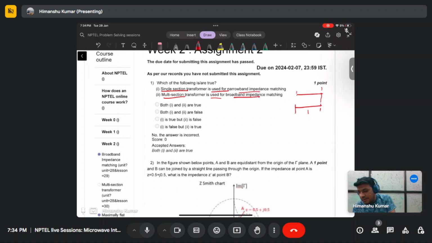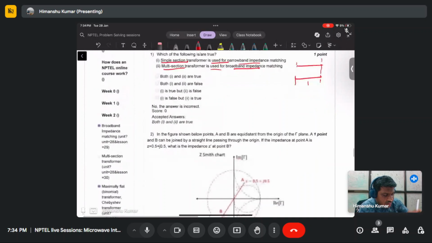But for a multi-section transmission line, the impedance is a function of theta or n, and you can use the multi-section transmission line for broadband impedance matching. So the correct answer is that both options are correct: both the first and second statements are true.